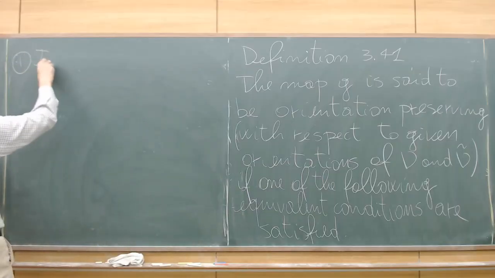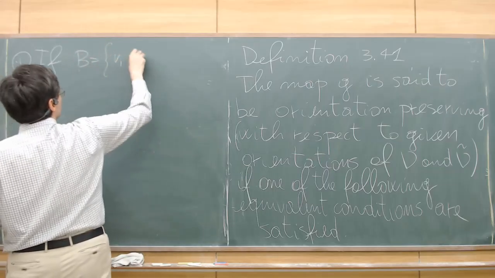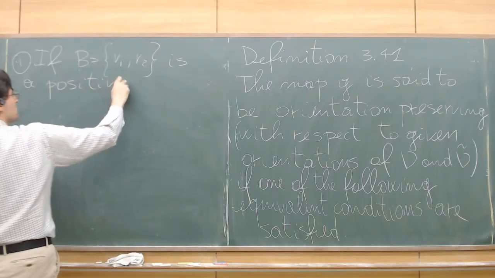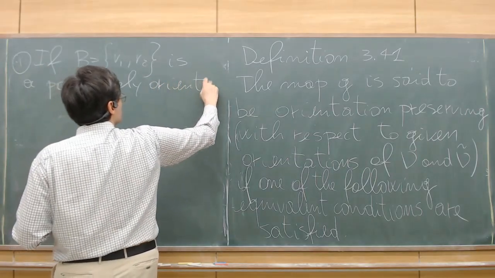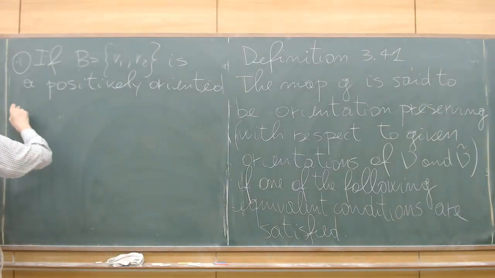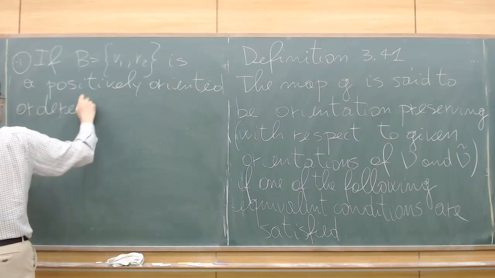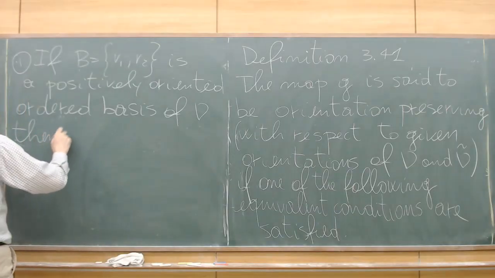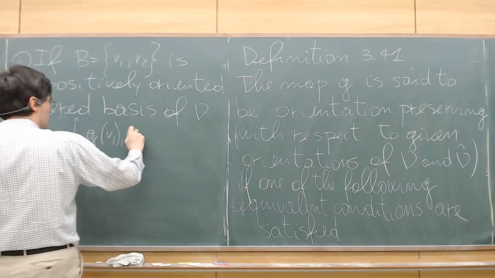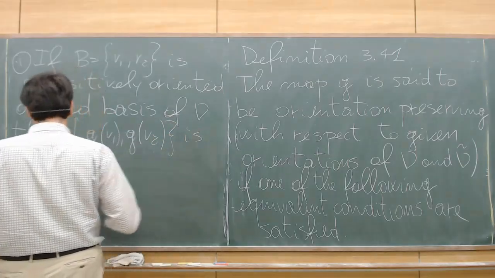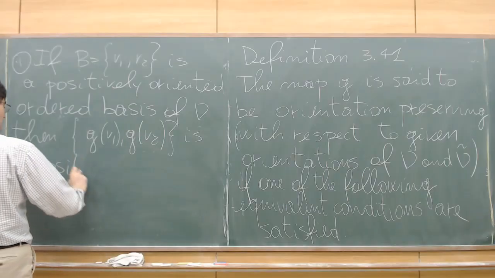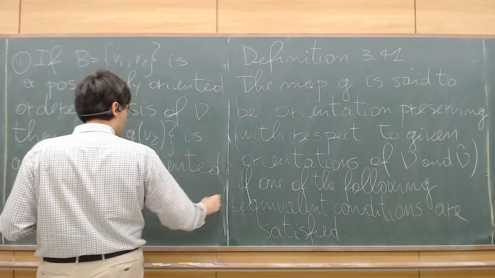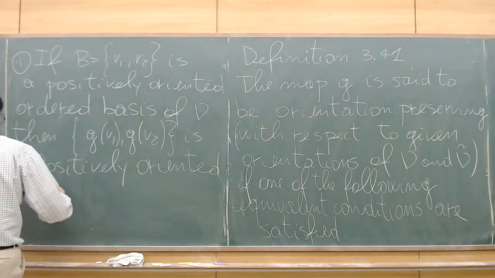One, if B equal V1, V2 is a positively oriented ordered basis of nu, then GV1, GV2 is a positively oriented basis of nu tilde.